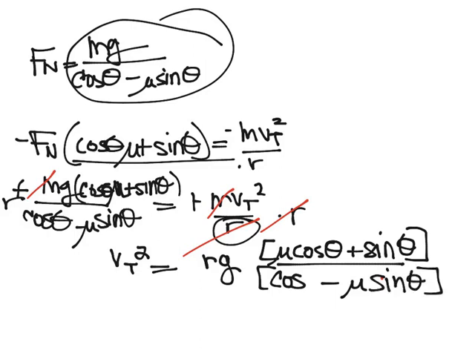Okay, and again, our very last step is to take the square root, so I'm just going to get rid of that squared, and I'm going to write Vt is equal to the square root of rg times the square root of this whole fractional mess. Okay, but if you had numbers for the angle, if you had numbers for the radius, and you had numbers for the coefficient, you would be able to find that velocity.